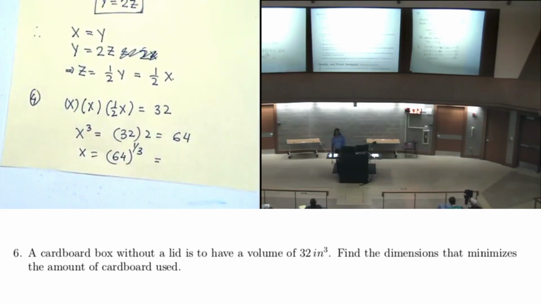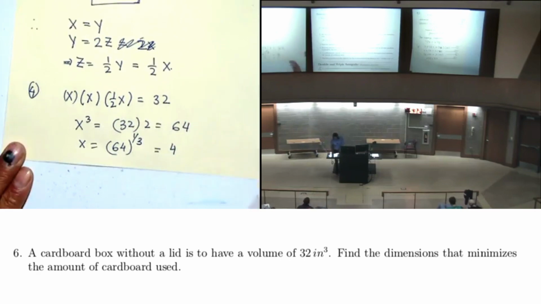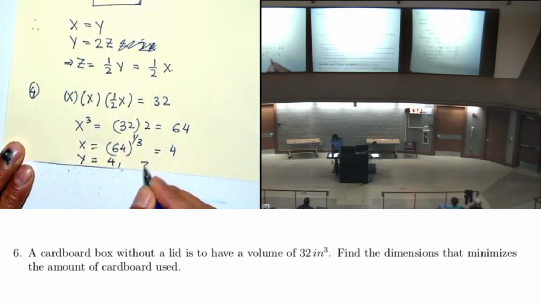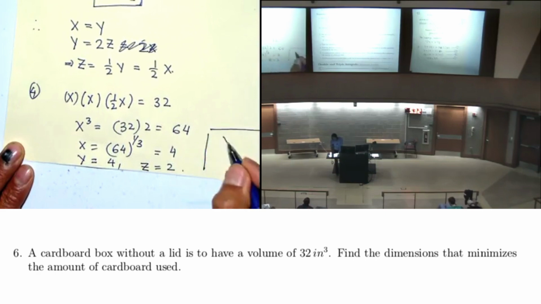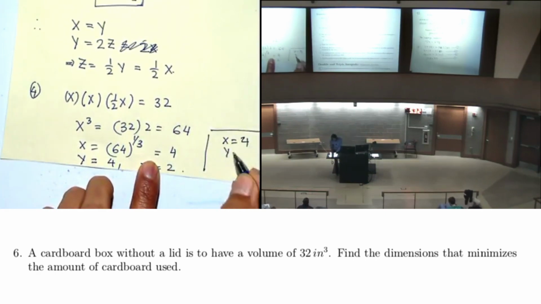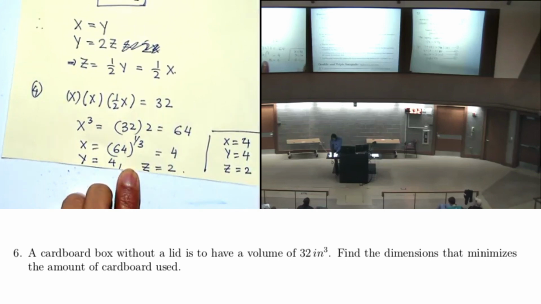What is 64 to the power 1/3? It is 4. So if x is 4, what is y? 4. And what is z? 2. So x is equal to 4, y is equal to 4, and z is equal to 2. This is your dimension.